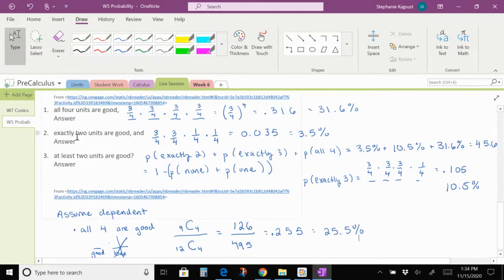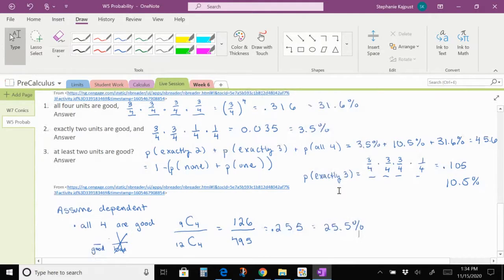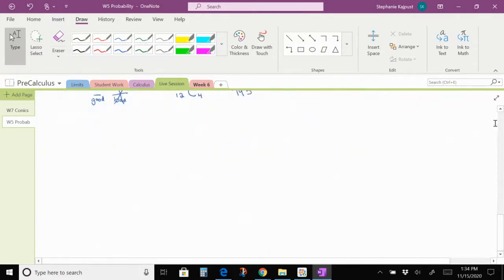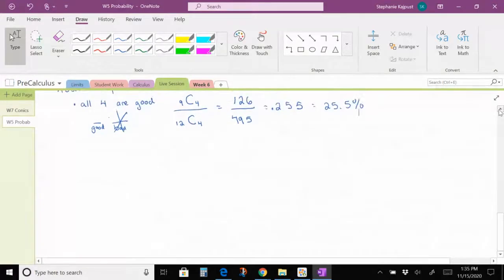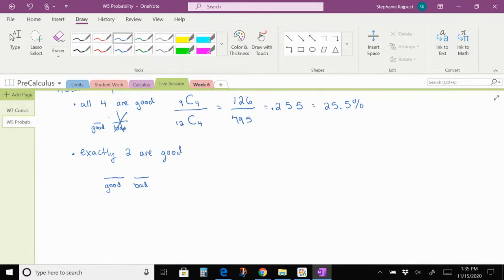So now let's look at exactly 2 units are good. Again, this is going to be similar to the card problem because these are dependent events. You're looking at good, and then you are going to have some bad ones in there because you're going to have 4 units total.